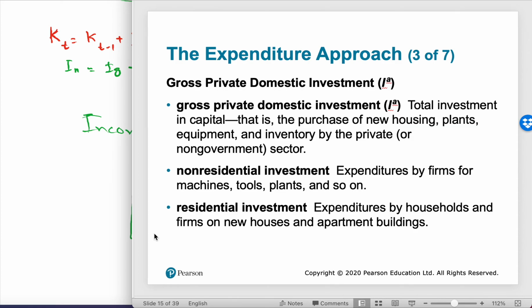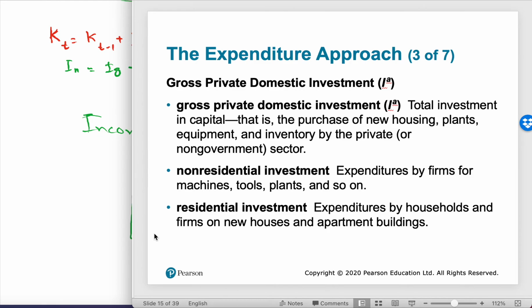And investment. I told you that I'm going to come back to this and talk about the G of the GDP. The G of the GDP stands for gross, because for investment there are two types: net investment and gross investment.